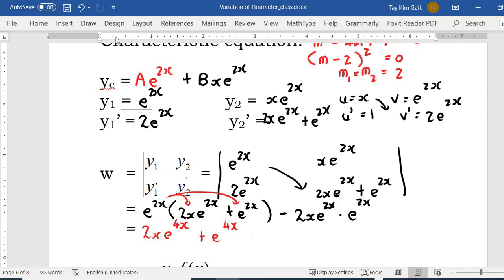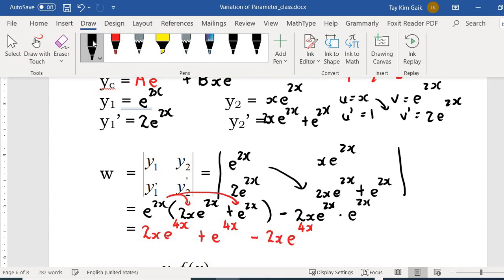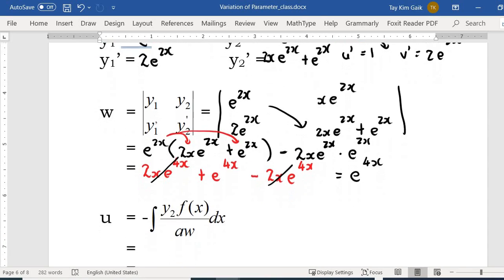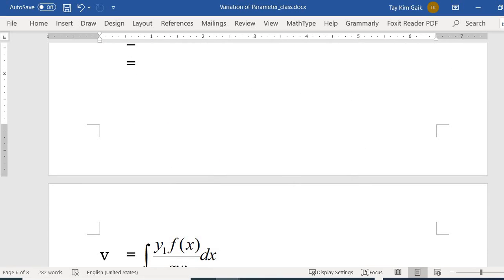The second term is minus 2x exponent 4x, because exponent 2x times exponent 2x, you just add up the power. So you simplify here, 2x exponent 4x minus 2x exponent 4x. So in this case, your Wronskian is exponent 4x. Then you calculate the u.